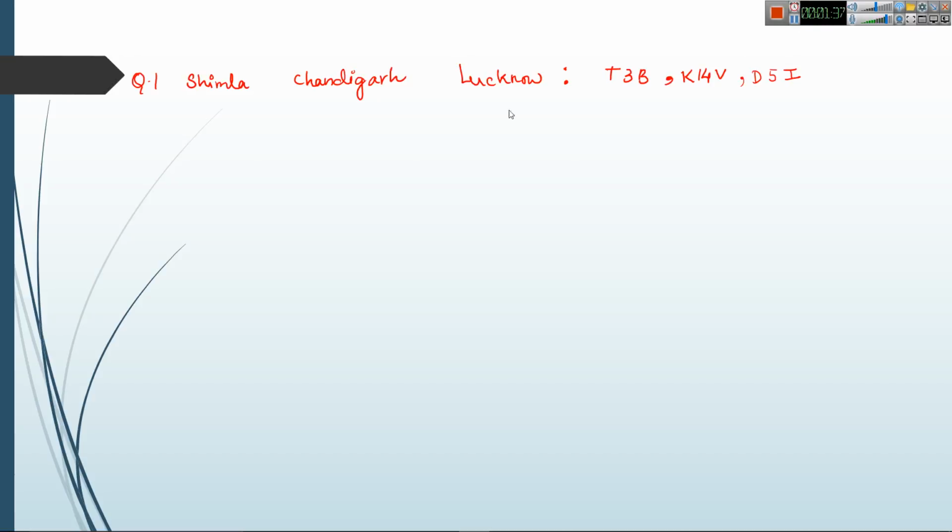We are provided with the codes of Shimla, Chandigarh and Lucknow. Whenever we get any code, we first see three things. To crack the number codes, we have to think from three points of view. First, we will count the number of letters in each word.